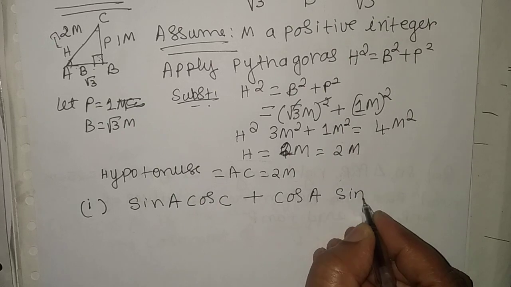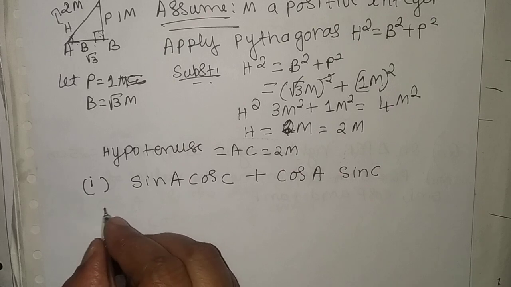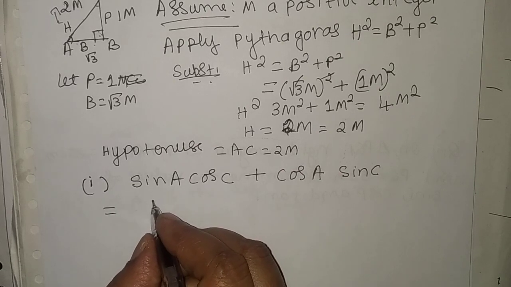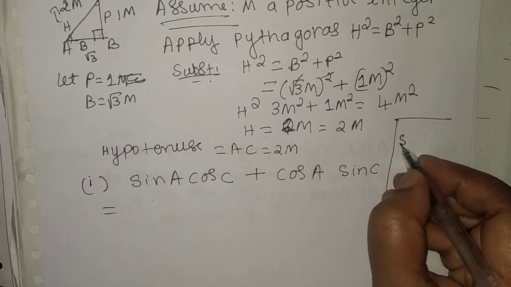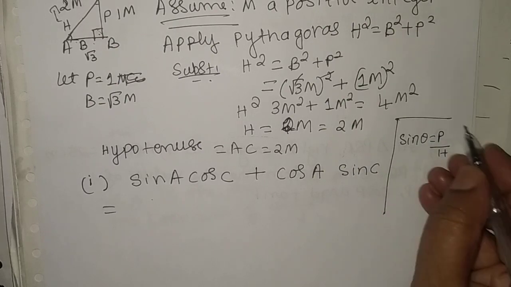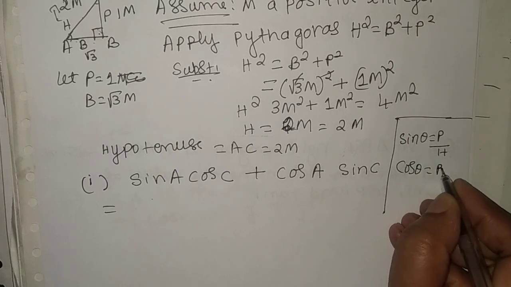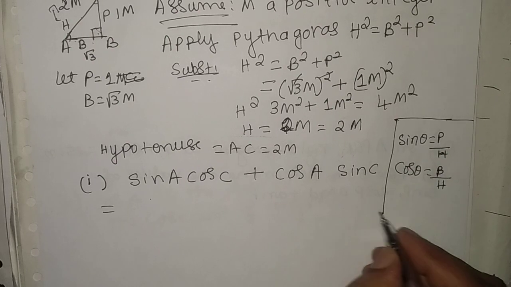Looking at the triangle, we have to write down the formulas. Sine theta is equal to perpendicular by hypotenuse. Cos theta is equal to base by hypotenuse.